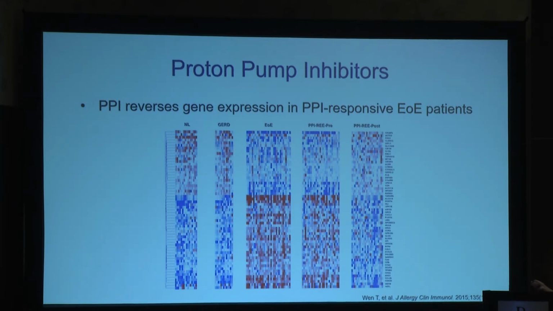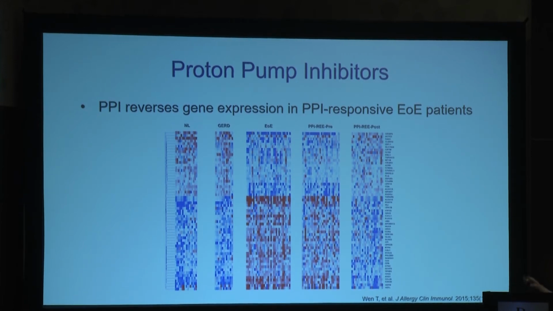But what I want you to pick up from here is, on the far side, these are the patients that were treated with PPI, and their gene regulation after PPI treatment looked more like patients that did not have EOE or reflux, or looked like patients with reflux.